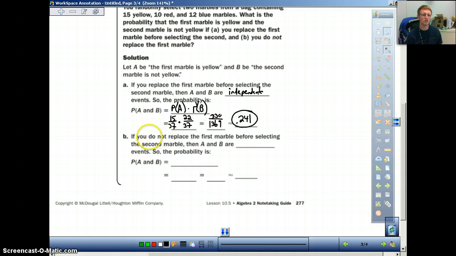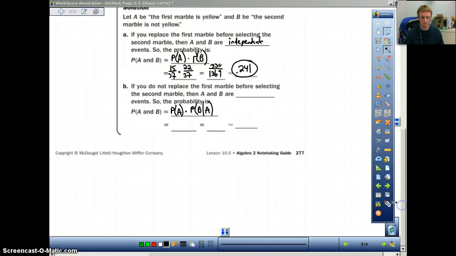Now let's talk about when we do not replace it. This is a little bit different because now it's the probability of A and the probability of B, given that A has occurred. So that changes things. Because these are dependent on each other, it does change a little bit. So let's look at that. The first one will still be the same: 15 over 37, because there's 15 yellow out of 37 total.